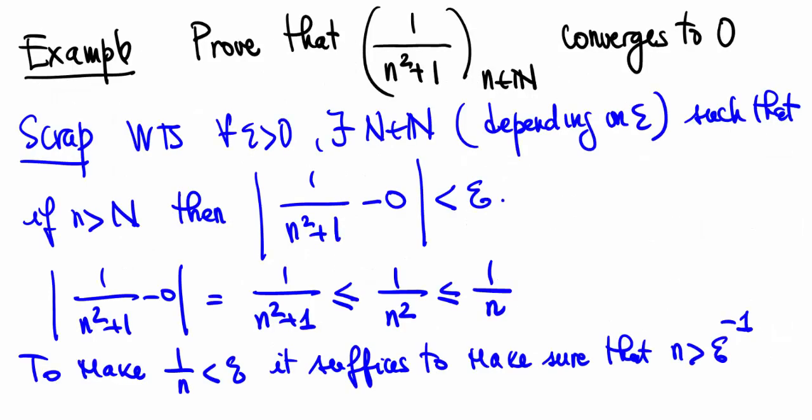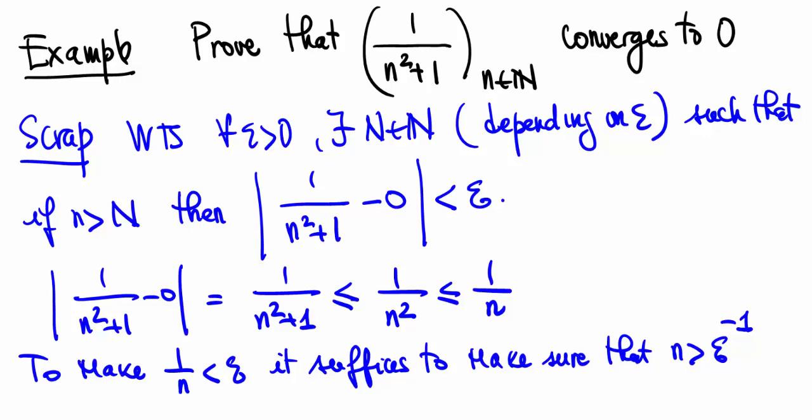Alright, so let us prove now that the sequence 1 over n squared plus 1 is convergent to 0. Again, based on our scrap work, the idea here is really to prove that for any epsilon which is greater than 0, there exists a natural number depending on epsilon such that if little n is bigger than big N, then the distance between 1 over n squared plus 1 and 0 is no more than epsilon.